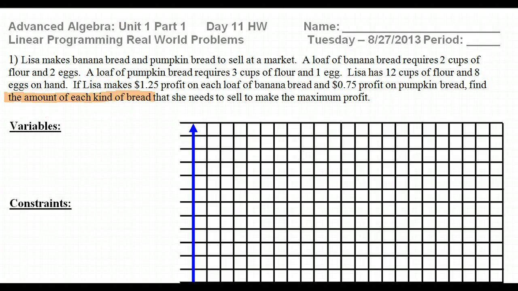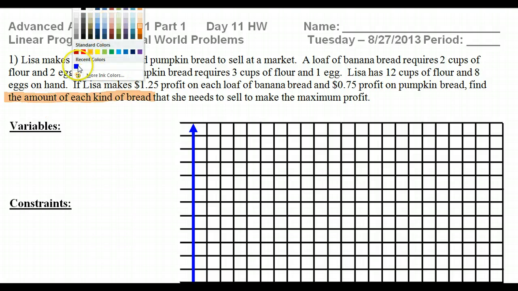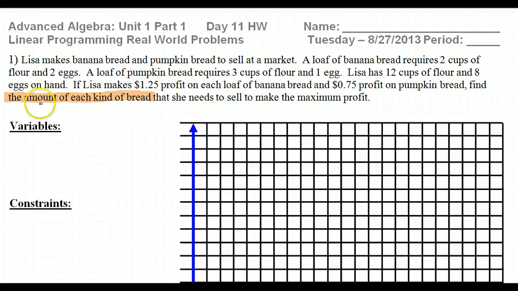This tells me what the variables have to be. The variables have to represent the amount of each kind of bread. In this case, we're talking about how many loaves of bread.